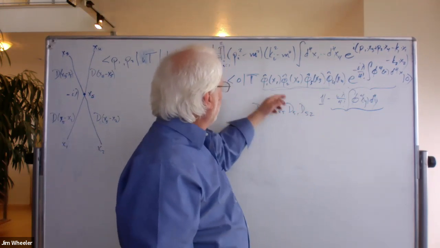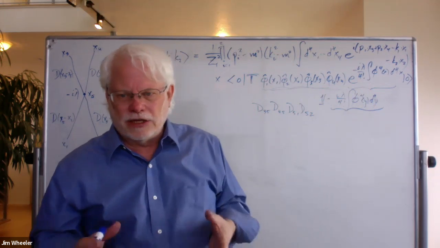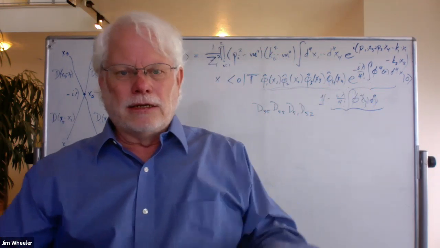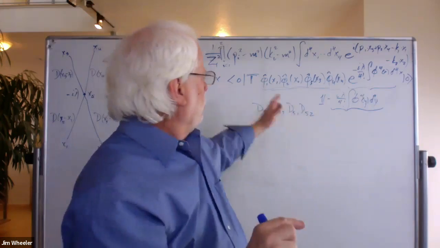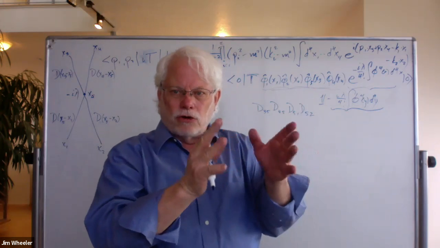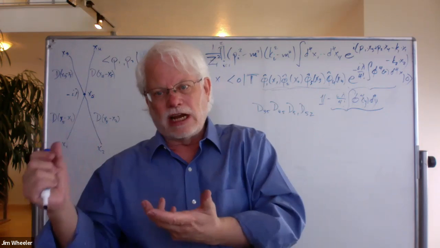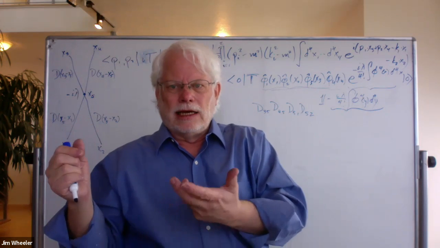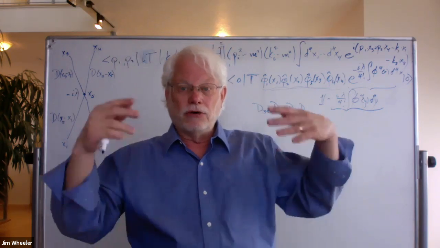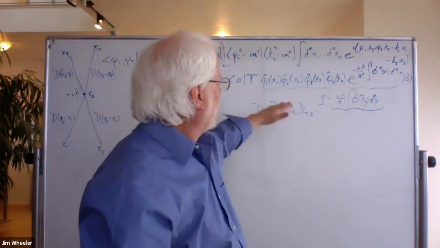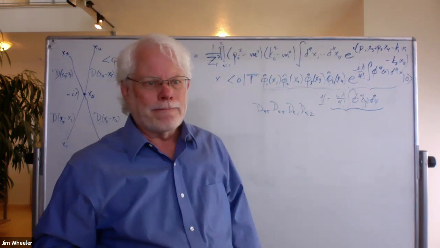So those are the propagators that replace this vacuum matrix element. All right. Just to say it one more time, we reorder the fields as normal ordered products times commutators. Those commutators are propagators, and all of the normal ordered products vanish. So Wick's theorem allows us to replace products of fields with products of propagators.